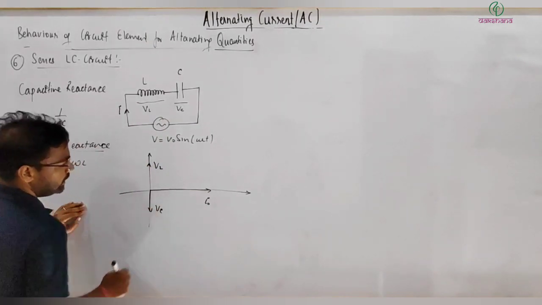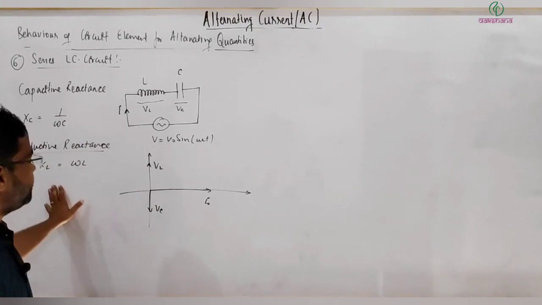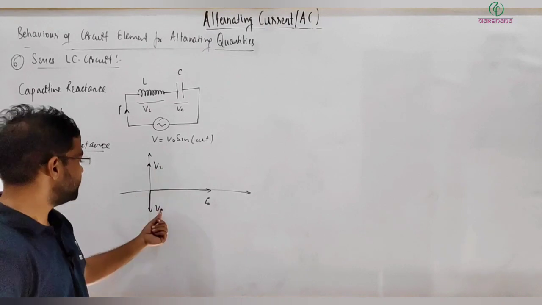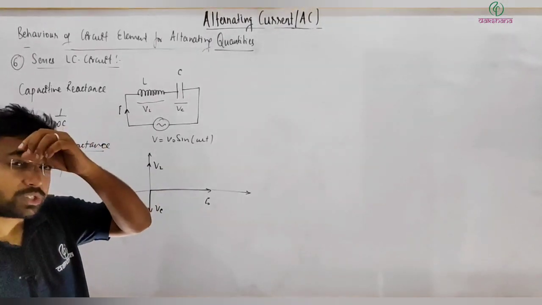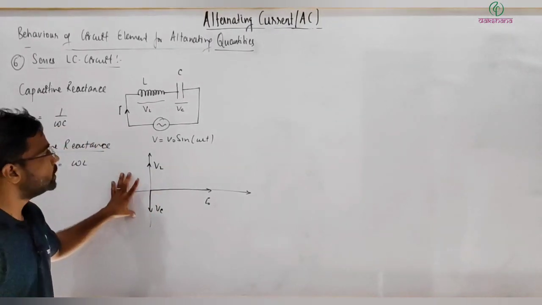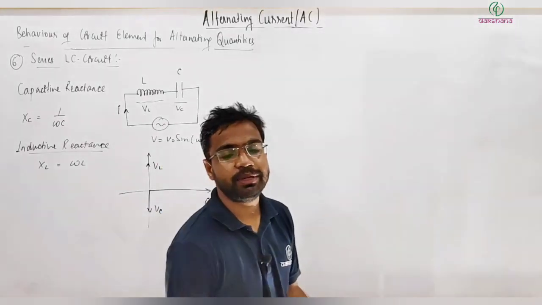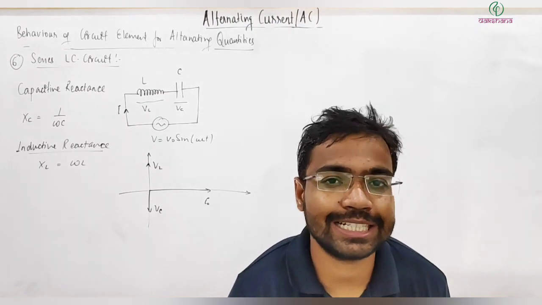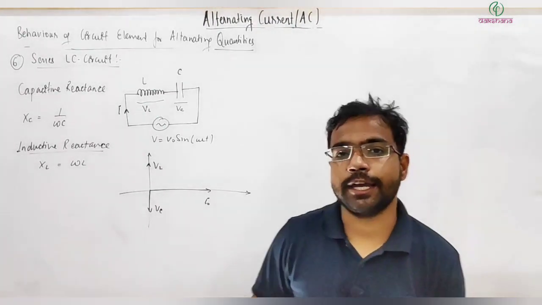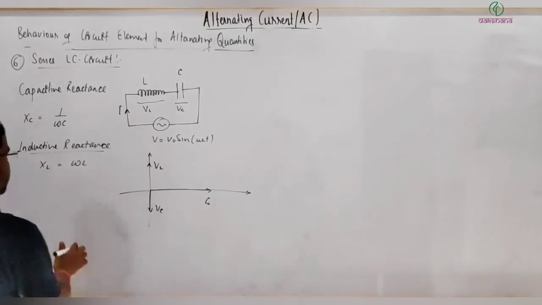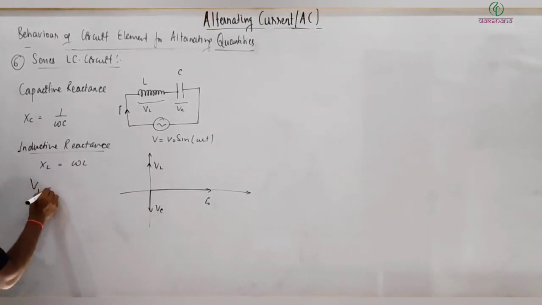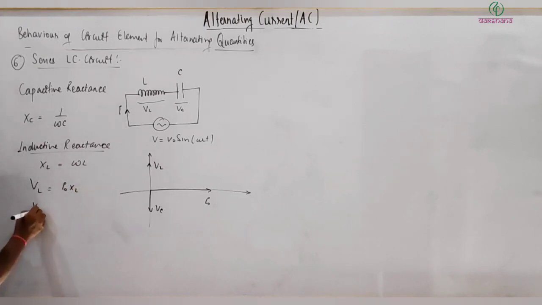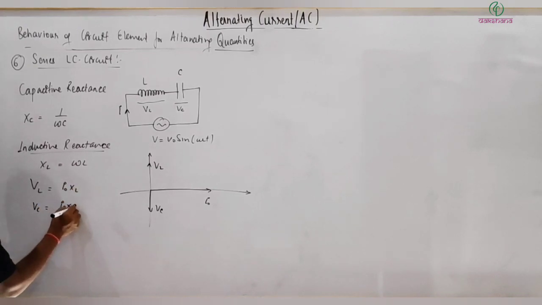Now depending on these two parameters, the L and C values, either VL will be greater or maybe VC will be greater. So according to that, overall the circuit will behave either effectively as a capacitor or maybe as an inductor, depending on which quantity is higher. So first thing is I can write VL is equal to I naught into XL, VC is equal to I naught into XC.